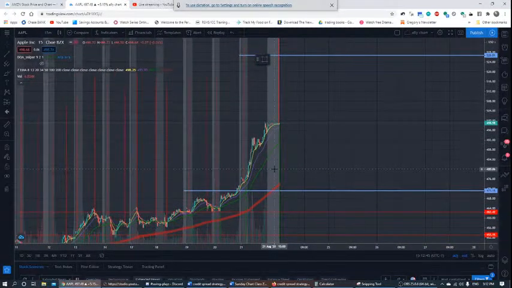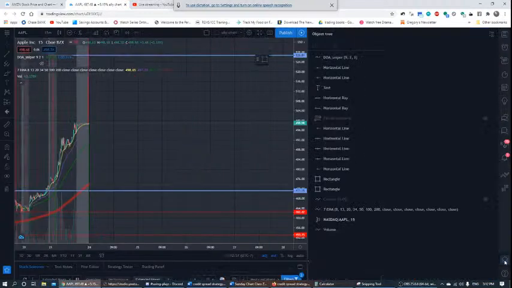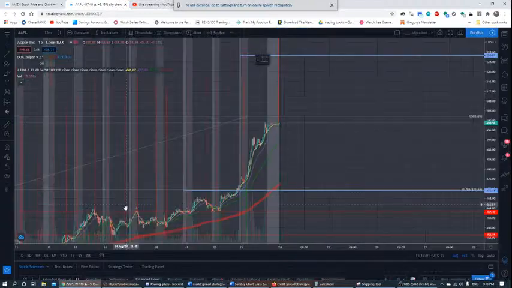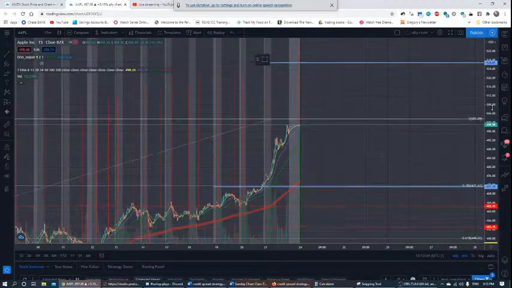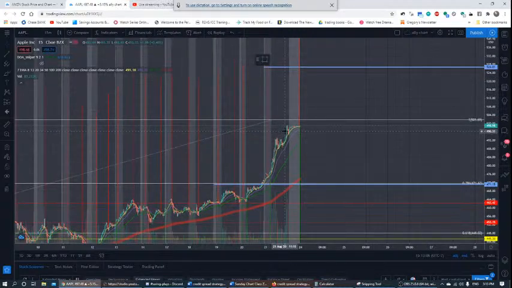So if you're asking me, okay, where will Apple go from here? I would probably just do the Fibonacci's. I think I have some Fibonacci's that I have already to help guide me on where Apple will go.